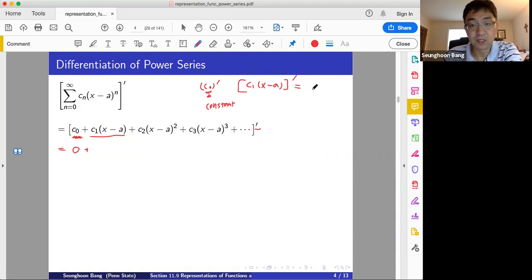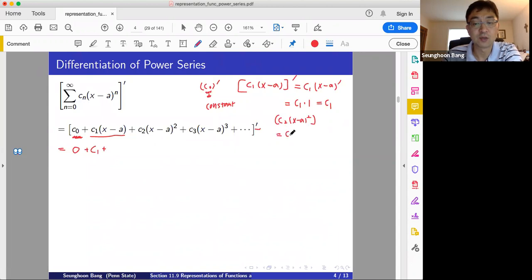You can keep c1 and just find x minus a prime. Keep c1; x prime is 1, so x minus a prime is 1, right? c1 times 1 is just c1. So we have c1 plus the derivative of c2 times x minus a squared.